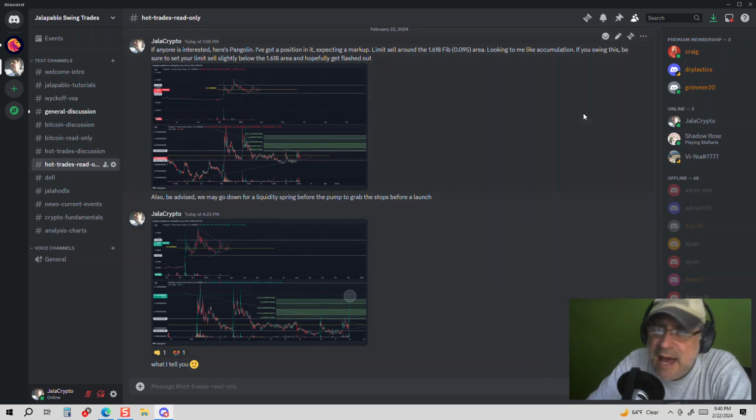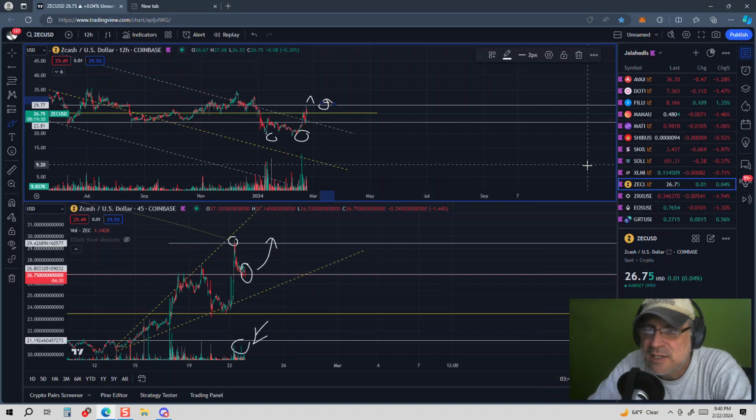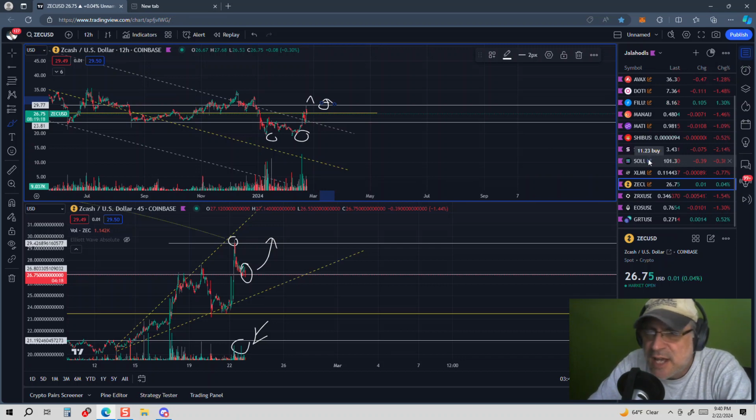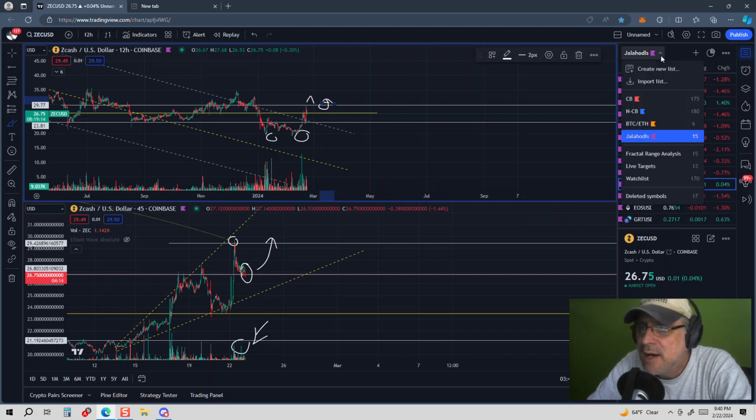Especially now with everything starting to flatline and get this narrowing spread, I'm finding more and more of these. So if you're wanting to take part in some of these swings, I suggest checking out our trading group. You never know what I'm going to find, and I'll put it in the hot trades section of the forum, and maybe you could swing it and make some money.